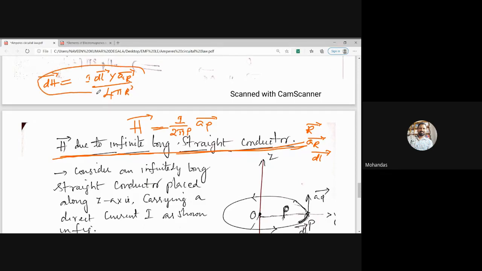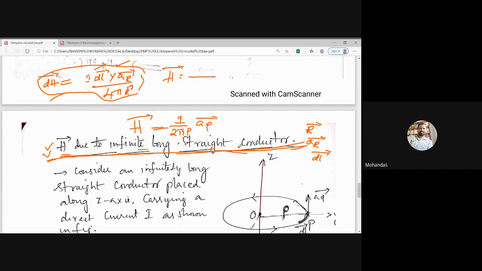Later we substituted these dL, aR and R values in this dH. After that we integrated on both sides, and then we got H. So that is 2 pages of derivation. Now, let us see how to calculate this H due to an infinite long straight conductor by using Ampere's circuital law.